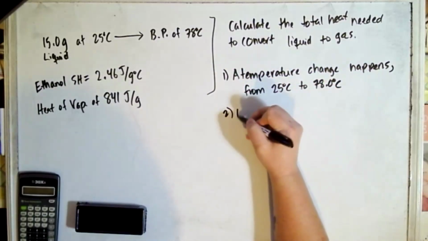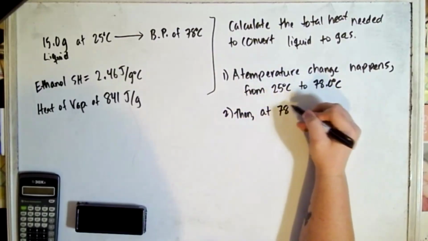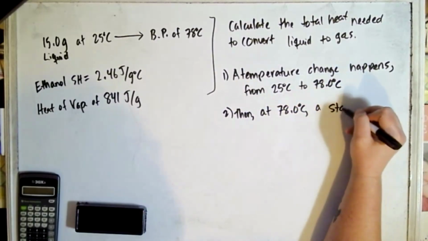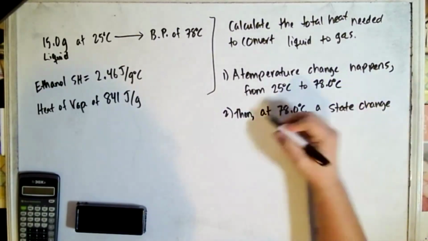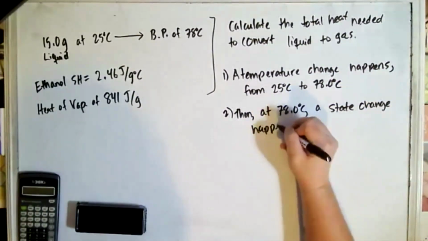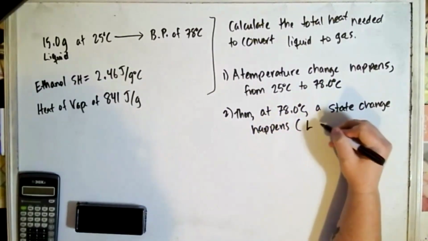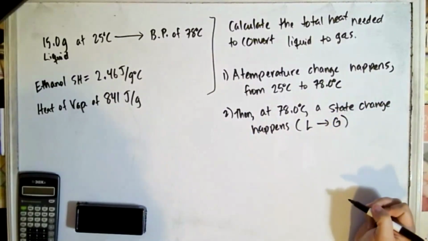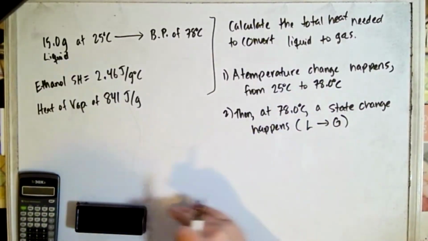Then at 78 degrees Celsius, a state change happens. This is when our liquid is going to go into the gas state. And so we need to calculate the heat for each of those steps.